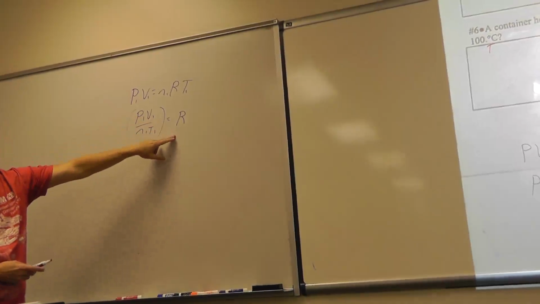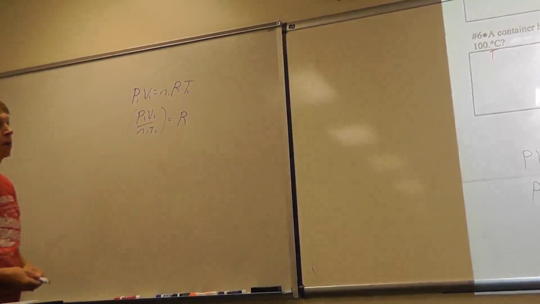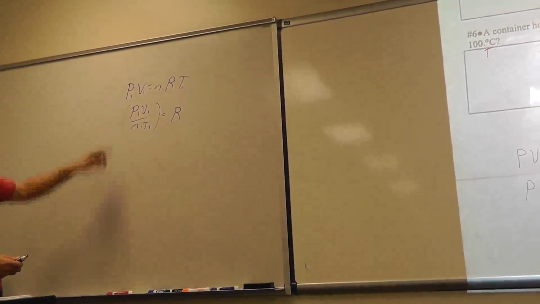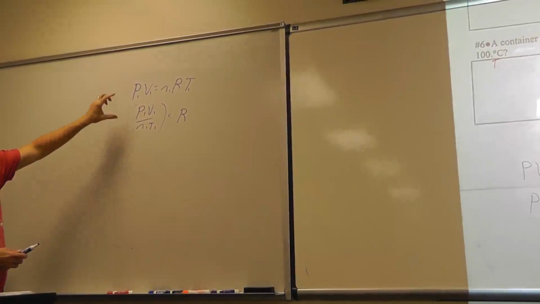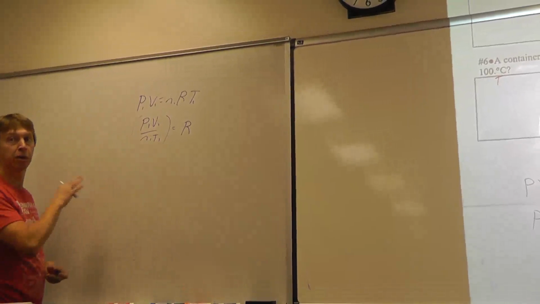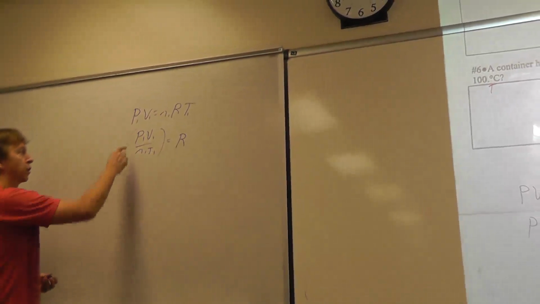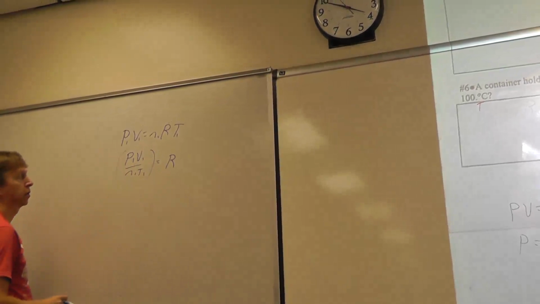Any kind of change you make is going to cause another change so that it still maintains that equality. Now we normally write it PV equals nRT because that's a whole lot easier to type than a fraction. But if you lump all your variables together, this is what the equation would be. Are we okay with that? So whatever these variables are, the ratio has to be 0.0821.